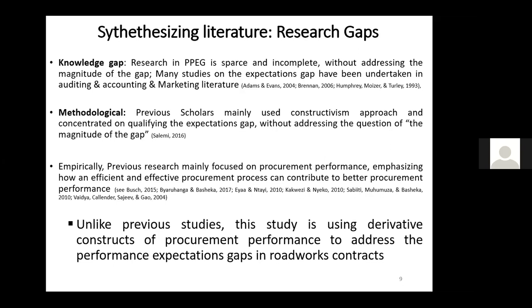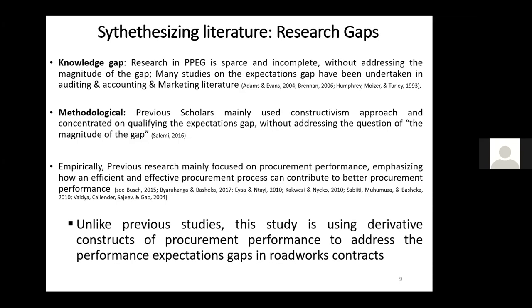And we noticed that in auditing and accounting, they have been holistically trying to constructively explain the issue of the performance gap by looking at the stakeholders vis-a-vis the external auditors, whether the expectations from the external auditors match with those of the shareholders, which has not been the case.